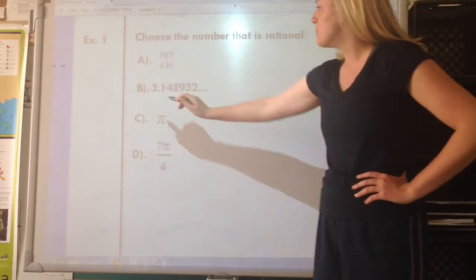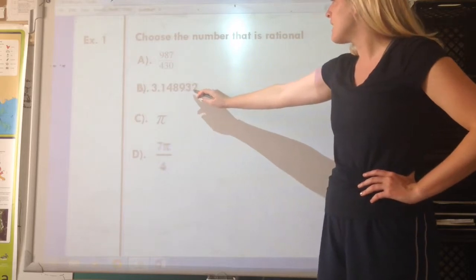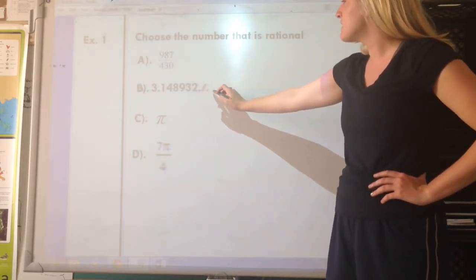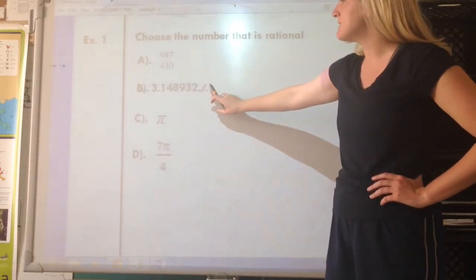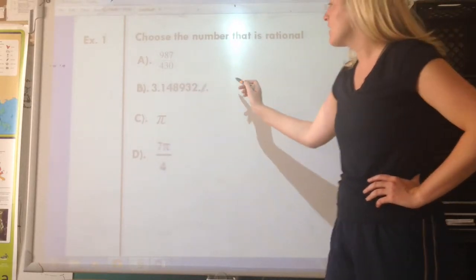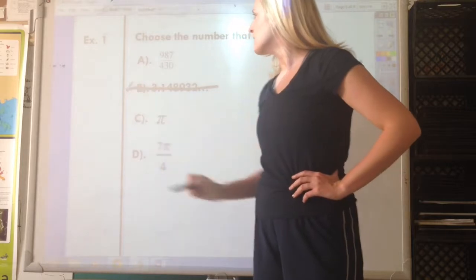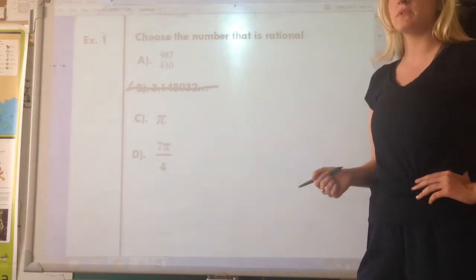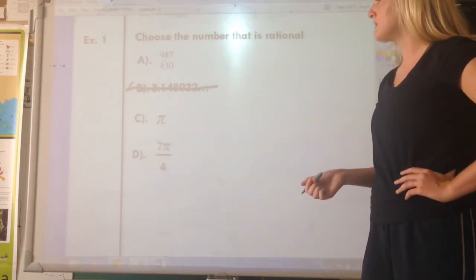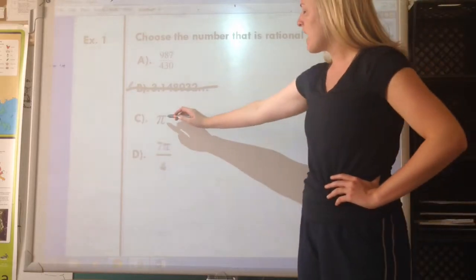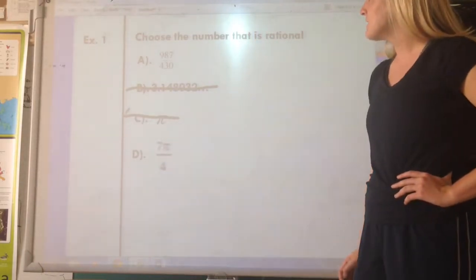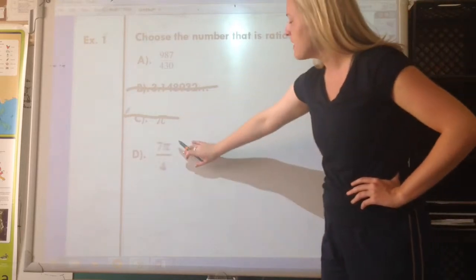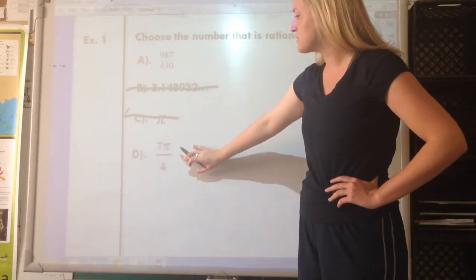B, 3.148932, and then the ... means the numbers go on forever. None of these numbers repeat, and since they go on forever, I can eliminate that choice because that can't be rational. C, pi. I know that pi is irrational. That leaves me with A and D, and both of them are represented as fractions.